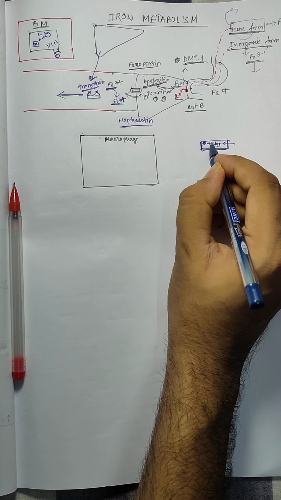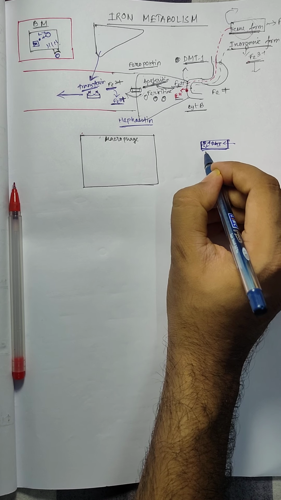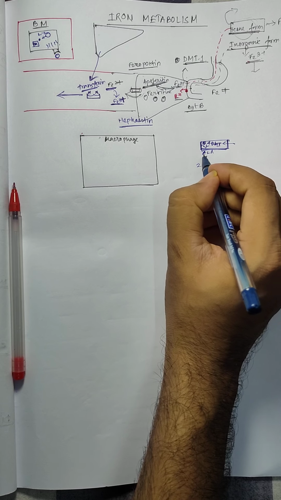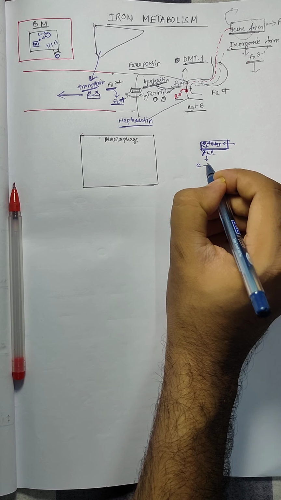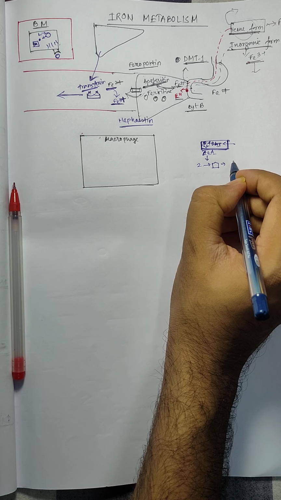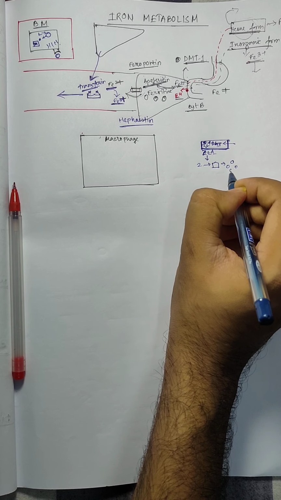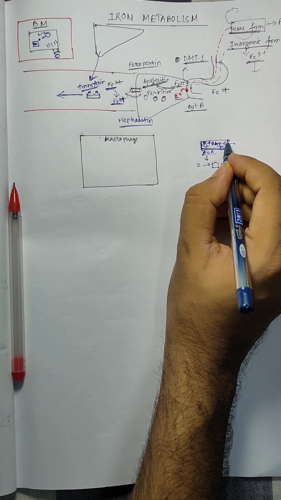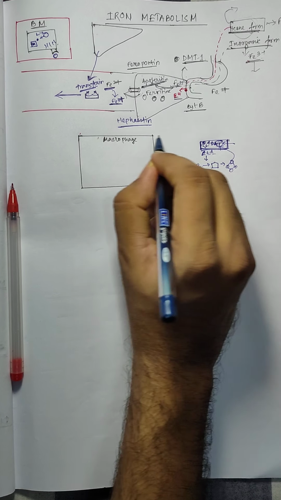Succinyl CoA plus glycine forms aminolevulinic acid. Then two molecules of ALA form one pyrrole group, and four pyrrole groups ultimately form the protoporphyrin.